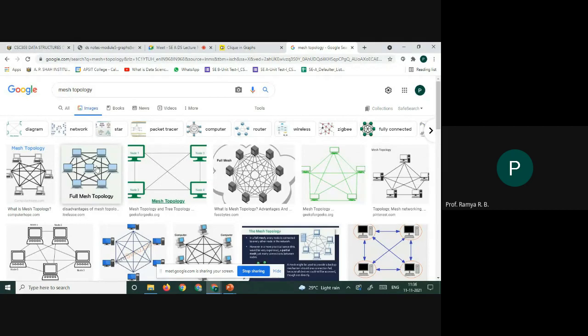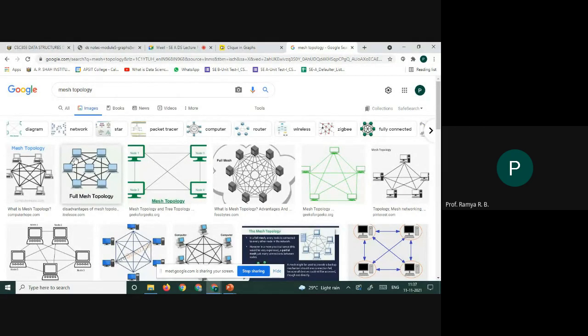So imagine this is a graph and these are the nodes or vertices in your graph. If somebody asks you, this is a probable GATE question, which is normally asked in computer networks: how many edges are required to fully connect 7 computers in a laboratory? Then the answer would be n into n minus 1 by 2, where n is the number of nodes in your lab.